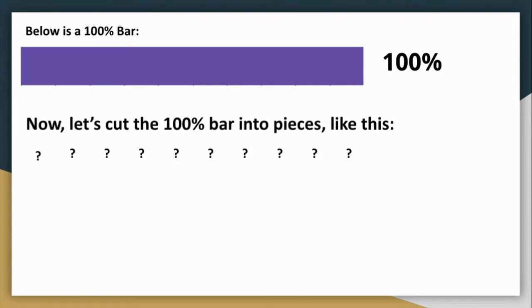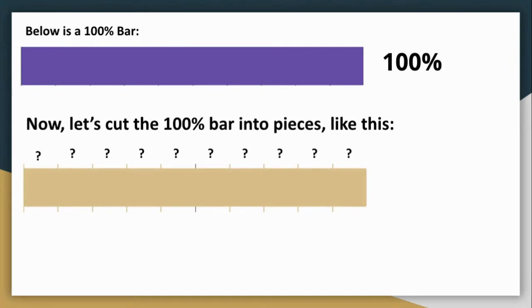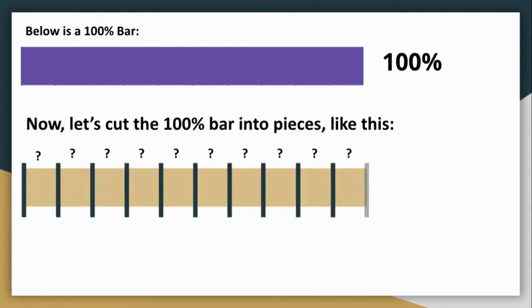What if we took this 100% bar and started cutting the bar into pieces like this? Here's my 100% bar, and I'm going to start cutting it. Cuts right here. Okay, and now we have a question for you all.